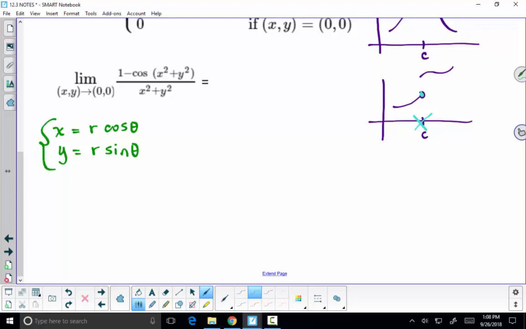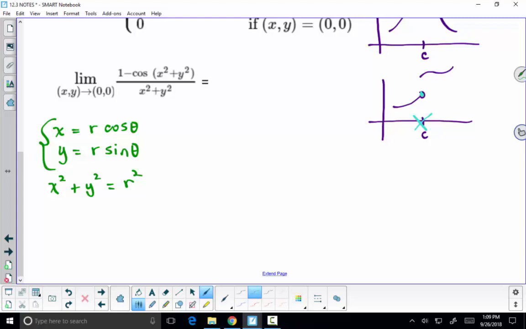When we are comparing polar to Cartesian, we are letting x equal r cos theta, y equal r sine theta. And the primary equation that we get from this is that x squared plus y squared is equal to r squared.